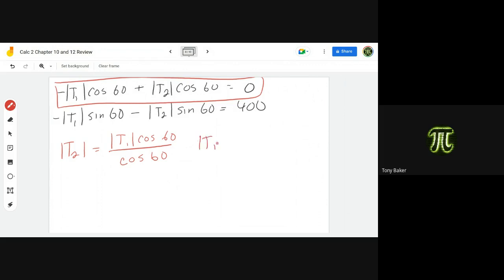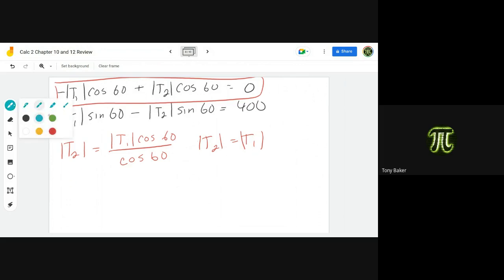So T2 equals T1. And if you look at the picture, it totally makes sense. They're 60 degrees, so they're going to be exactly the same magnitude. We just have to figure out the actual locations at the end. So I can replace T2 with T1 or vice versa.